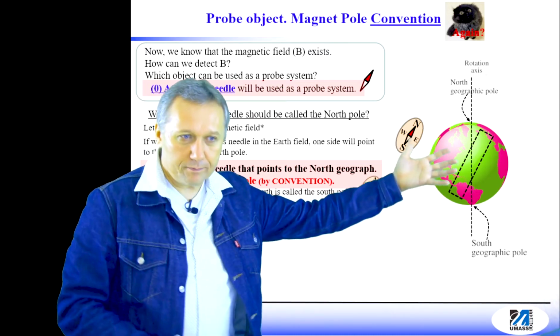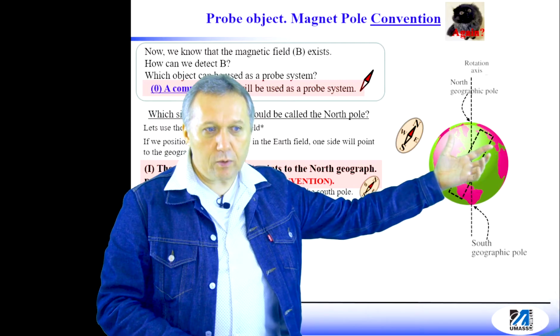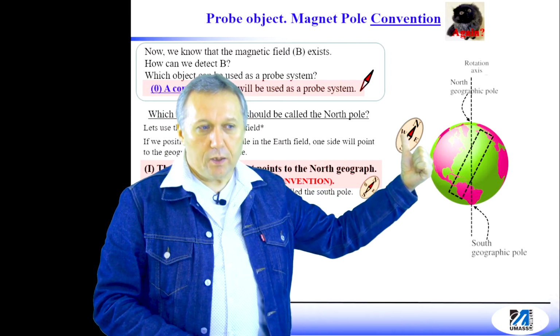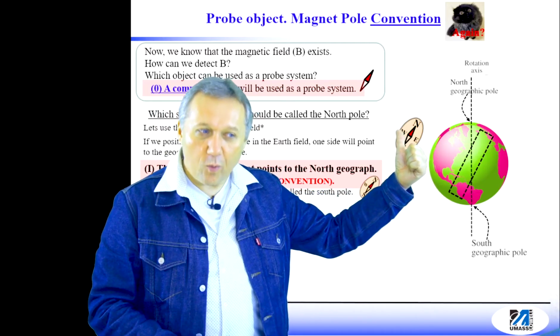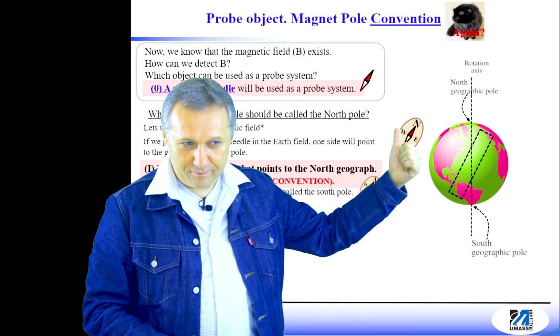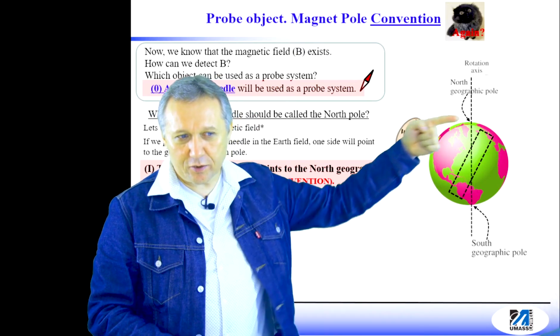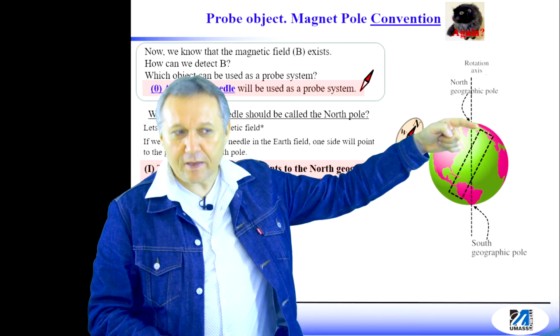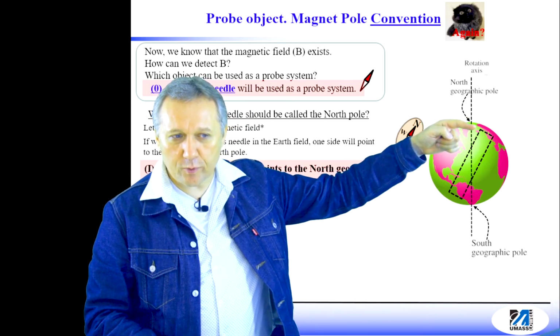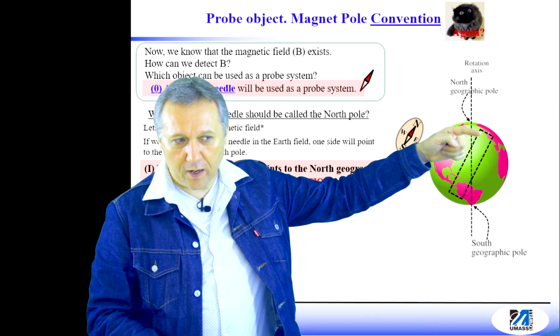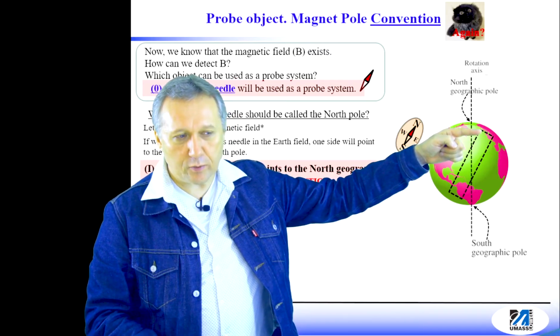So now, of course, we need to label the poles, right? Following this convention, since we know opposite poles attract, if the north pole of our compass needle is attracted to this side of the Earth, it means what? How should we call that side of this permanent magnet of the Earth?